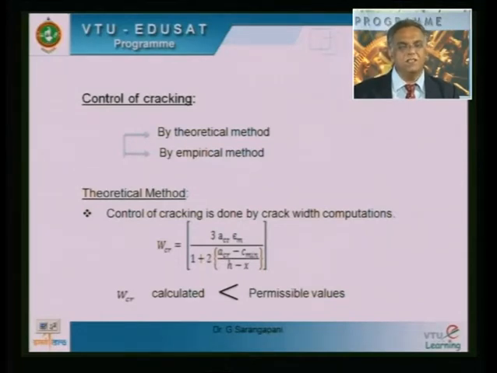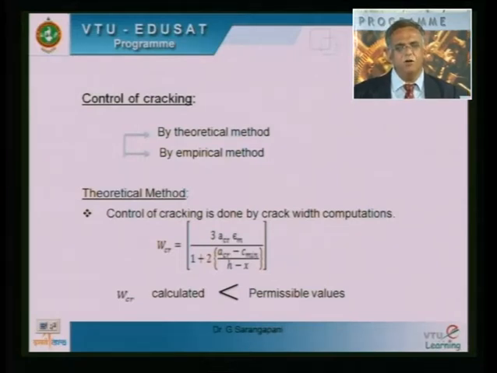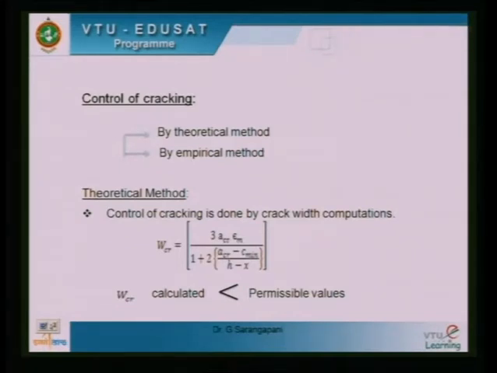So there are two methods, one is the theoretical method, the other one is the empirical method. In the theoretical method we actually calculate the crack width using the formula given in the code, and if it is lesser than the permissible values, then we say that it is safe against cracking.